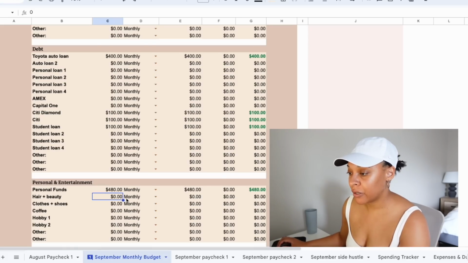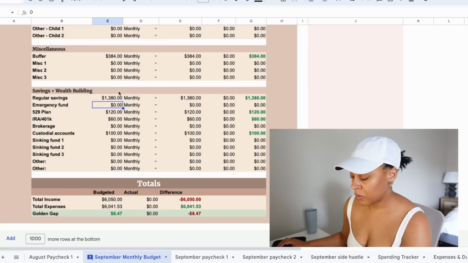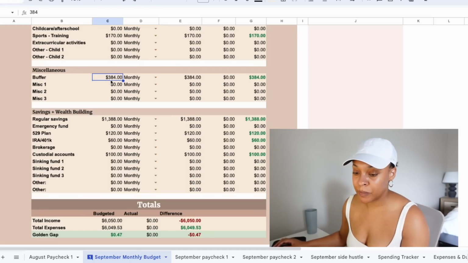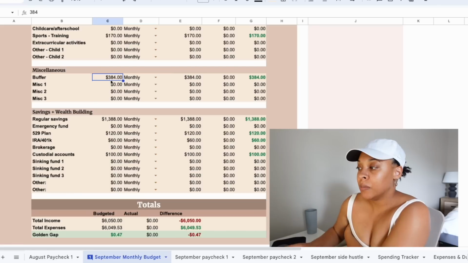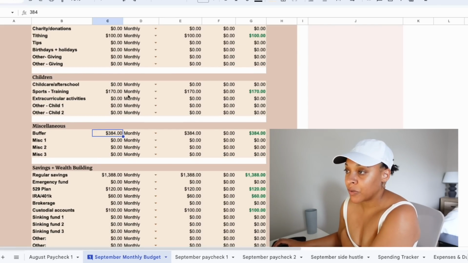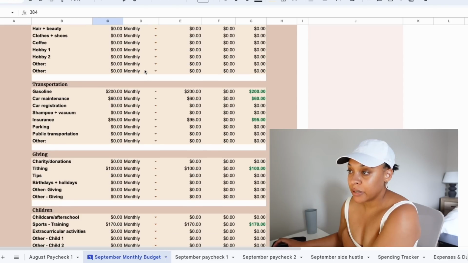Let's go back to 480, or whatever it was that I had. $13.88. Okay, so this is a buffer just in case I go over my personal funds. So I think that with that buffer, that's enough.